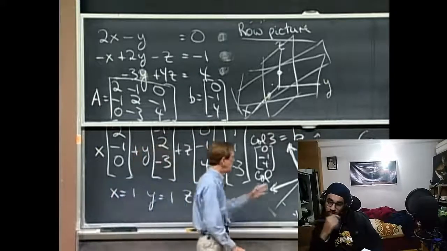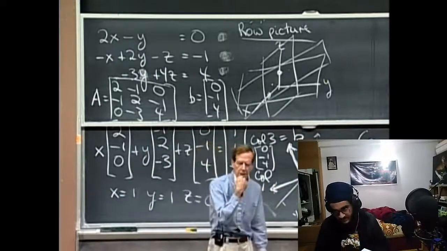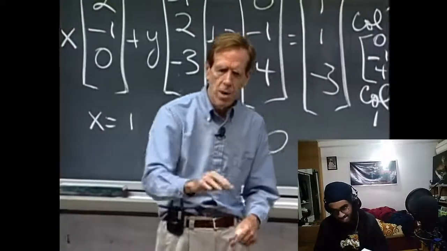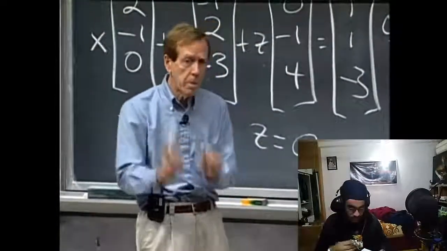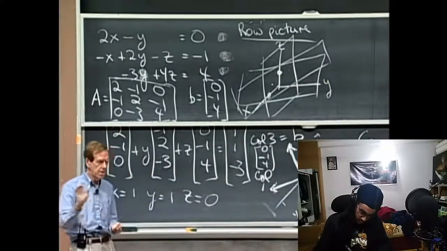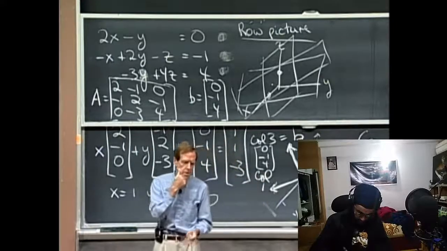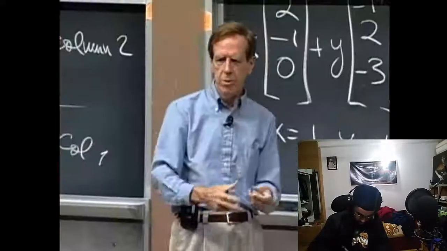Because if column 3 is in the same plane as column 1 and 2, I don't get anything new from that. All the combinations are in the plane, and the only right-hand sides B that I could get would be the ones in that plane. So I could solve it for some right-hand sides when B is in the plane, but most right-hand sides would be out of the plane and unreachable. So that would be a singular case. The matrix would not be invertible.